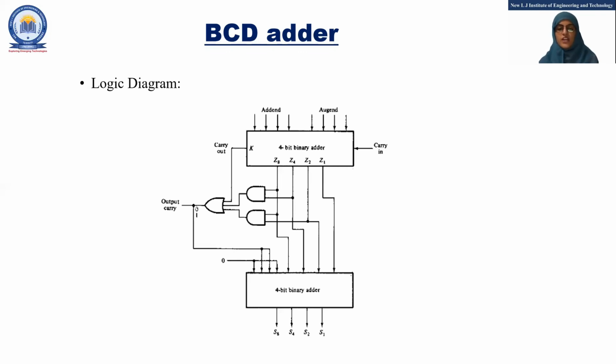So the input to this second 4-bit binary adder will be the original binary sum, which is Z8, Z4, Z2 and Z1, plus 6, which is 0, 1, 1, 0. If the sum is less than 9, the added number will be 0, 0, 0 and 0. So this will produce the BCD output S8, S4, S2 and S1. This is the diagram of the BCD adder.